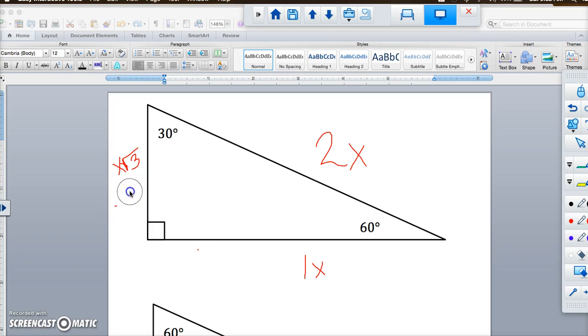And that will work for any numbers. But what if I say the hypotenuse is 8? Then you have to work backwards. So 8 divided by 2 gives you 4 for this side, and you still have your cosine of 60 is 1/2, because 4 over 8 is 1/2. And then you can figure out this side will be 4 times the square root of 3.